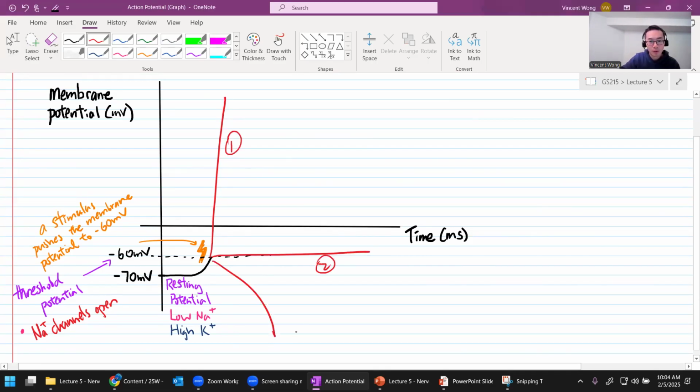Let's do a vote. Okay, we have the sodium coming in. What is going to happen to the graph? What is going to happen to your membrane potential with all the sodium coming in?